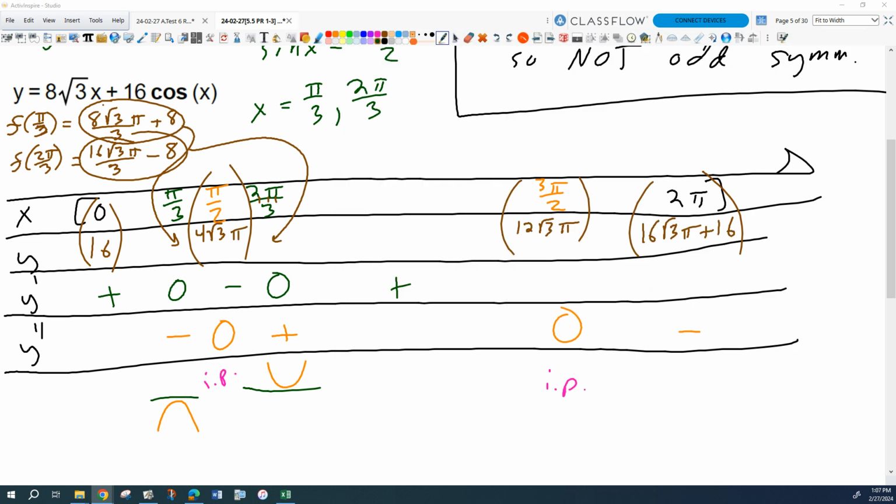I don't know. Okay, if we plug in 2/3 pi, that gives us 16 square root of 3 pi over 3. Okay, good. Plus 16 times negative 1/2.